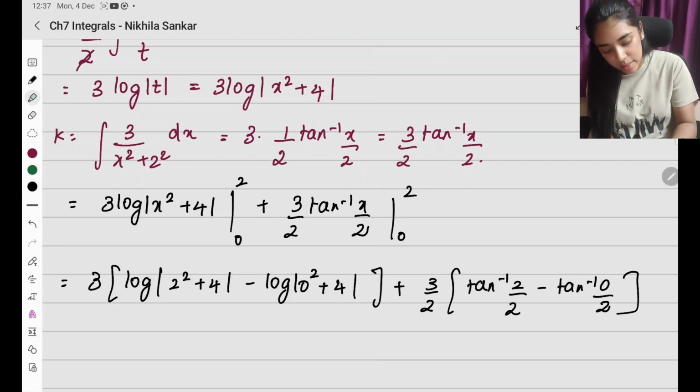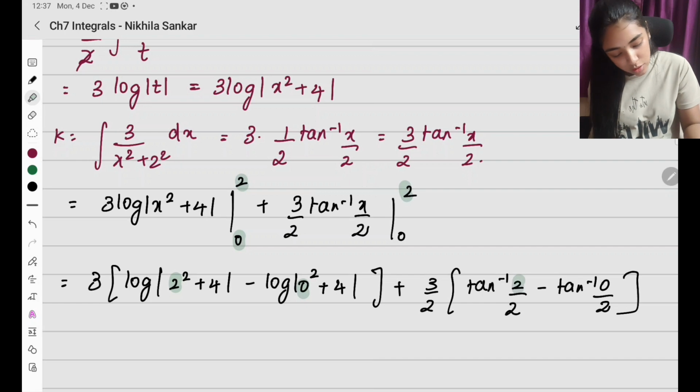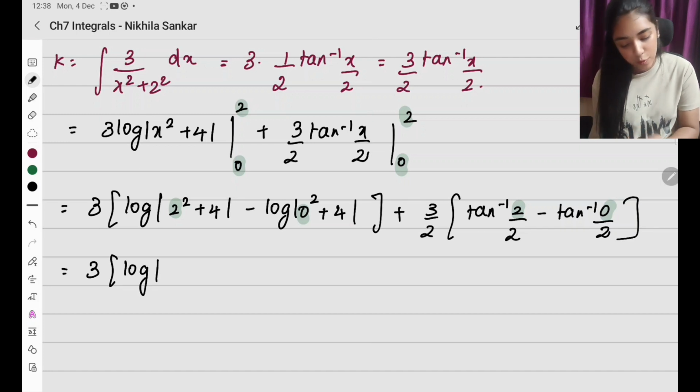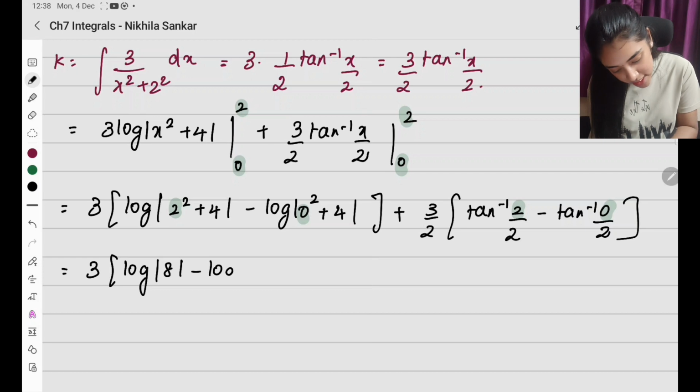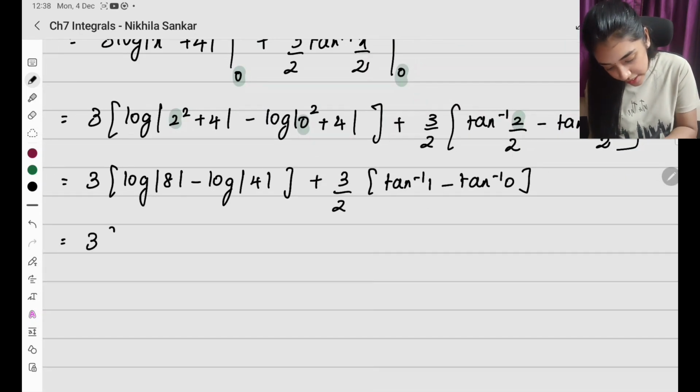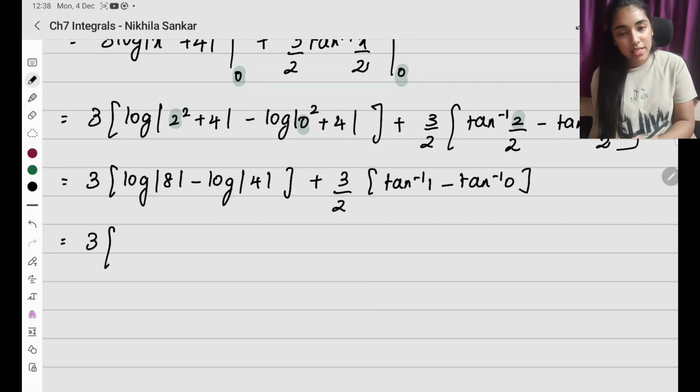First I am applying 2, then I am applying 0 to the function. When I simplify this, I have 3 times log mod of 2 square plus 4, which is 8, minus log mod of 0 square plus 4, plus in the bracket 3 by 2 times tan inverse of 1 minus tan inverse of 0. So this is going to be 3 times log mod 8 minus log mod 4.